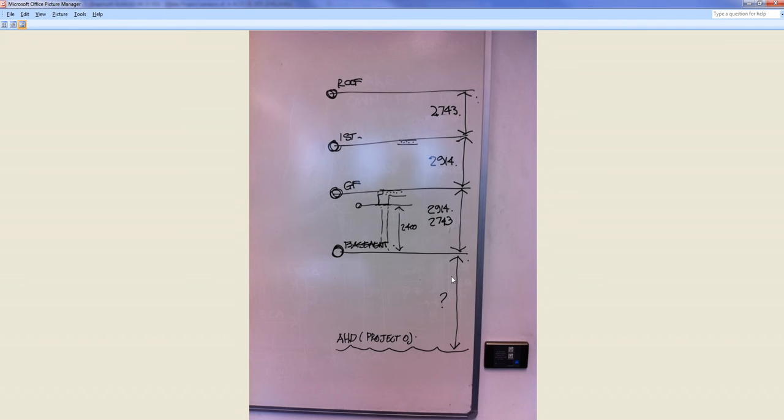On site level AHD, which is this story, so from sea level, which is AHD, or AHD stands for Australian Height Datum or Project Zero.